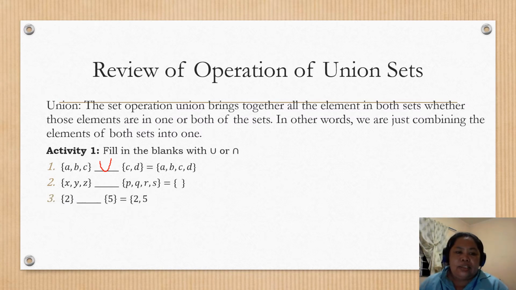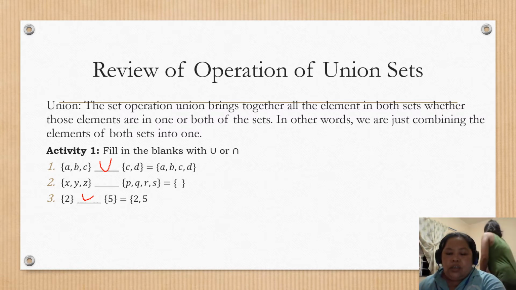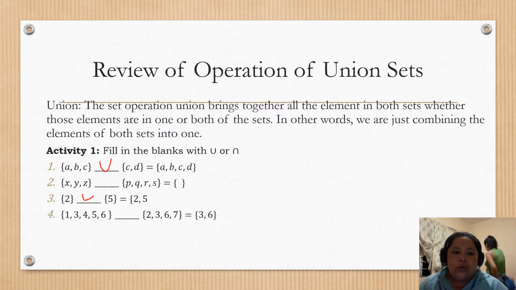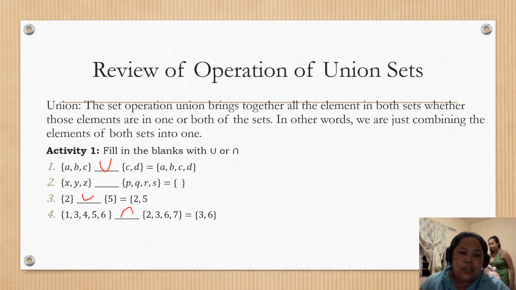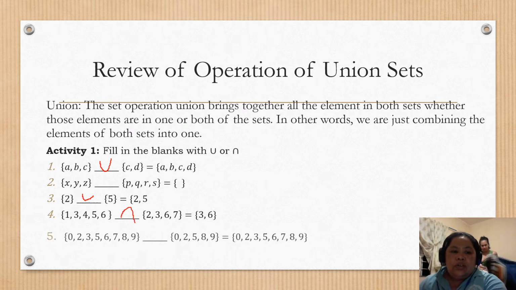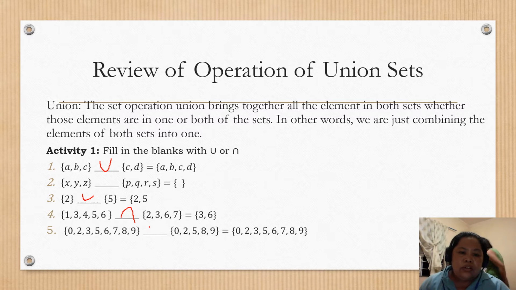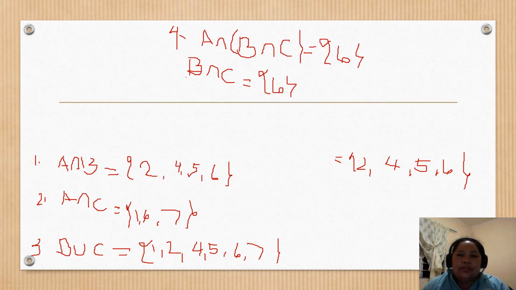And 3 is also union. Then, 4 is intersection. And 5 is union. Okay? So, question. Okay. Question. Next slides tayo.